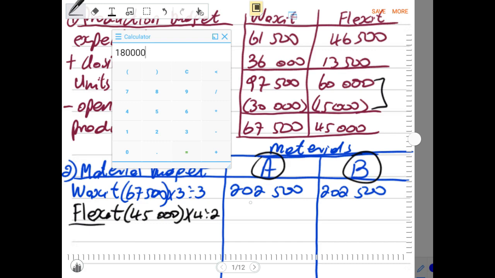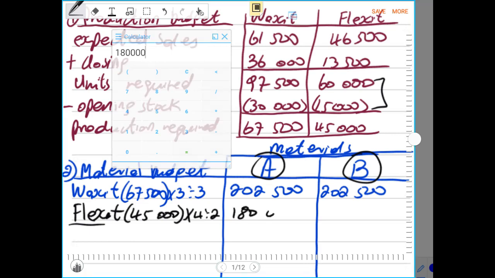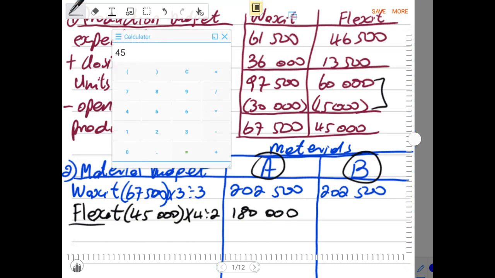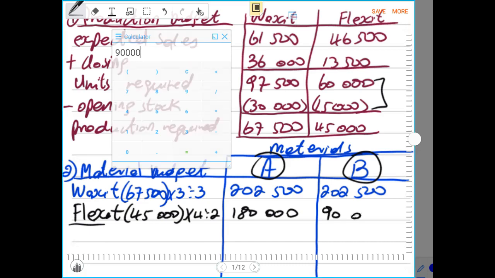Then it will be material A, 180,000. Then material B, we say 45,000. We multiply the 45,000 by 2, and that will give us the number of kgs of material that will be allocated to the second product, which is 90,000.